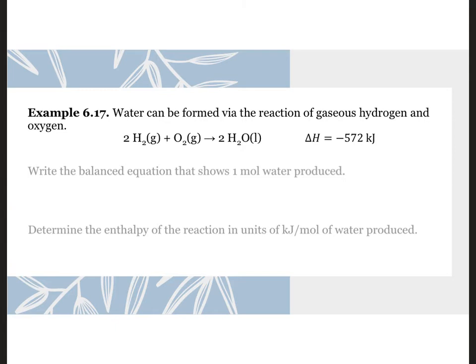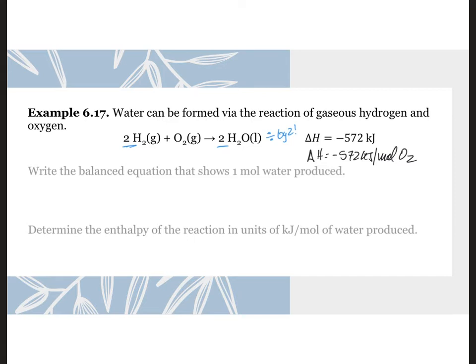Suppose we're given the reaction 2 moles of hydrogen plus 1 mole of oxygen yields 2 moles of water. We could report this reaction as negative 572 kilojoules per mole of oxygen used, but we must write the equation with coefficients of 1 in front of the water if we'd like to report heat given off per mole of water.